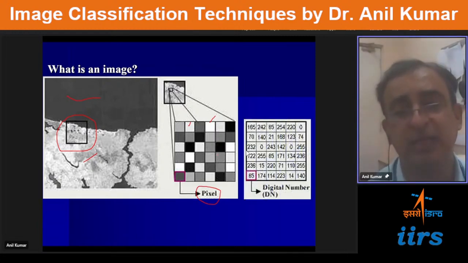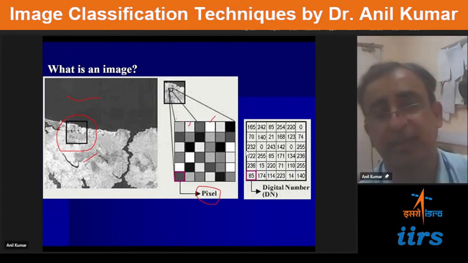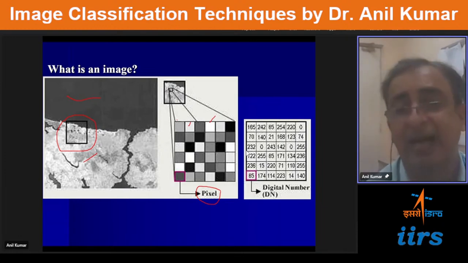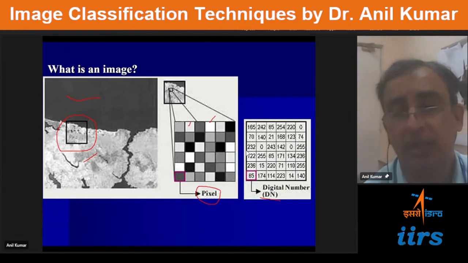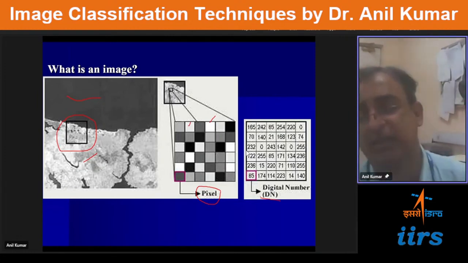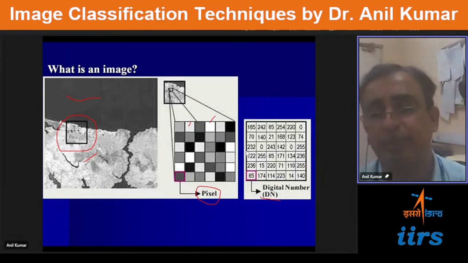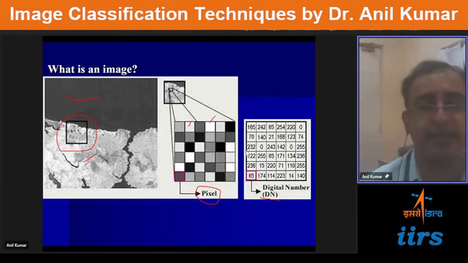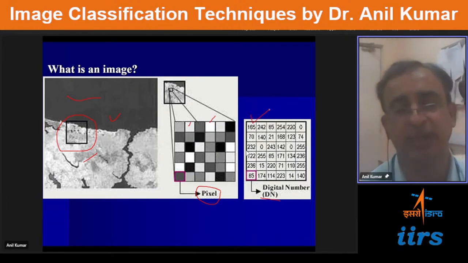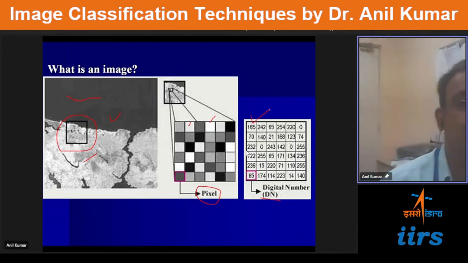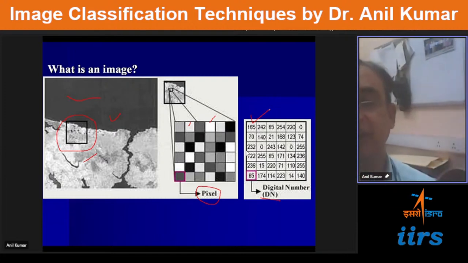So the image is in the form of rows and columns, the smallest unit is the pixel, and the pixel has a digital number. In digital image classification, we try to group these pixels which are similar in nature. So what we see is not actually the image for image processing; this is the actual image, because processing means we are manipulating the image pixel values.